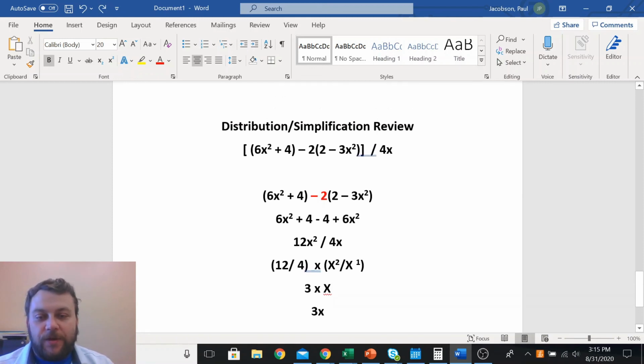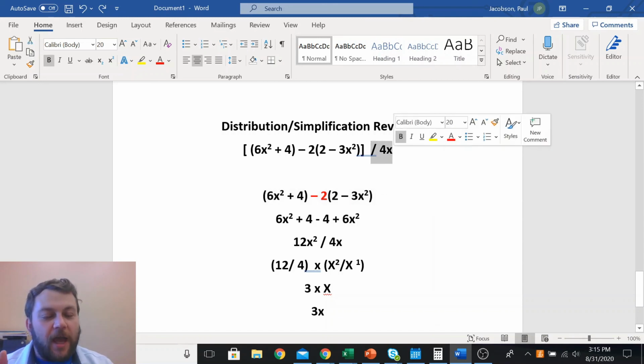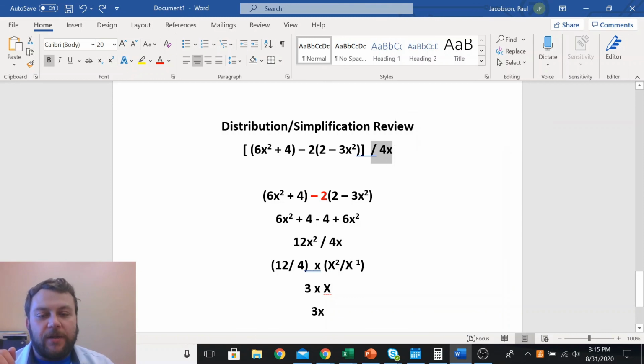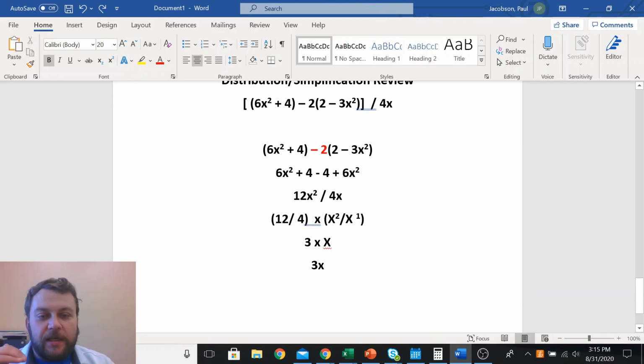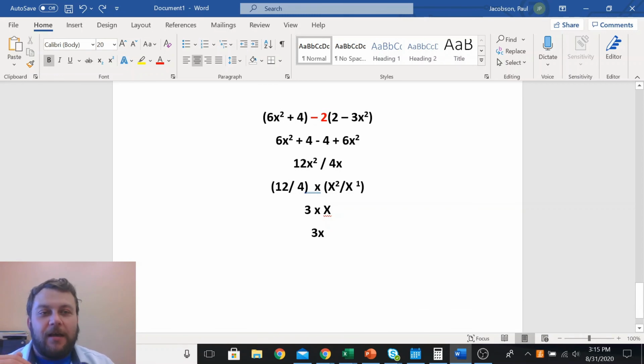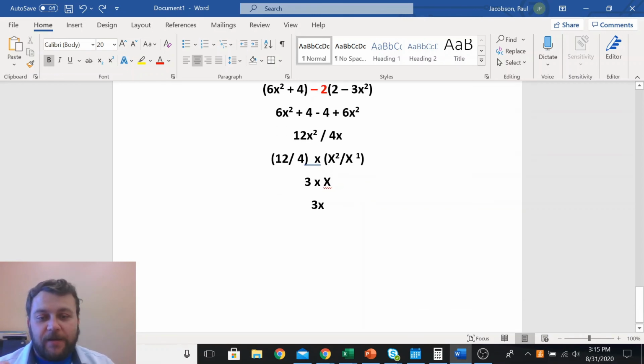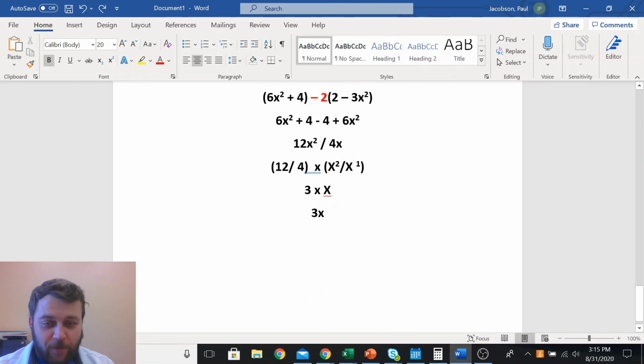As soon as I wrote this part here, I totally forgot about it. I knew I had to go back and do something, but I only focus on one piece at a time, and if you do that, algebra becomes a lot easier.